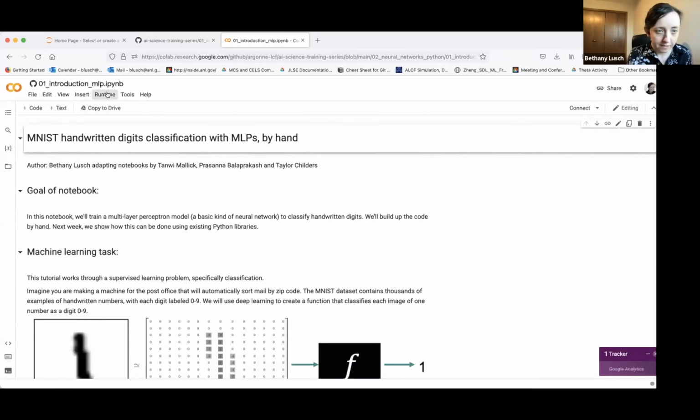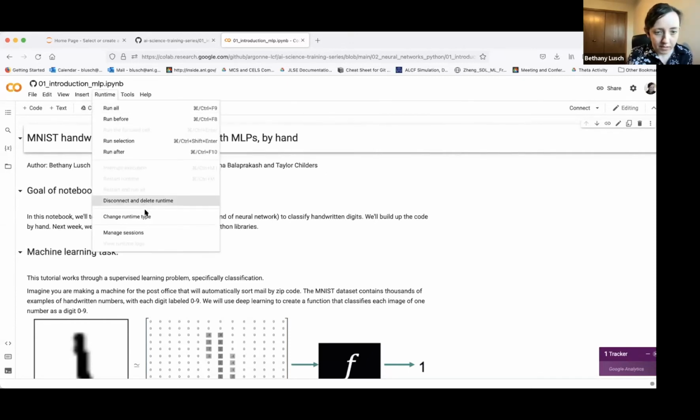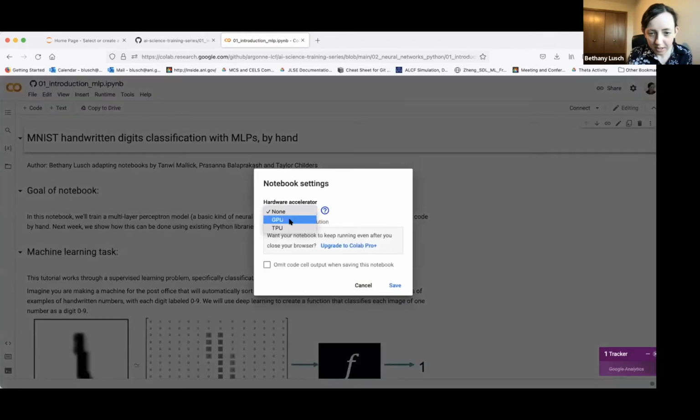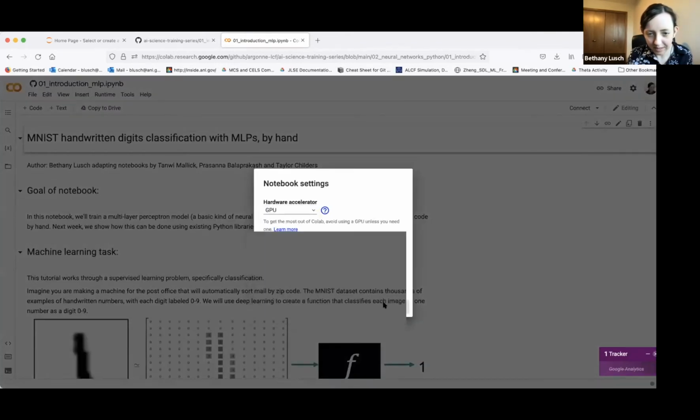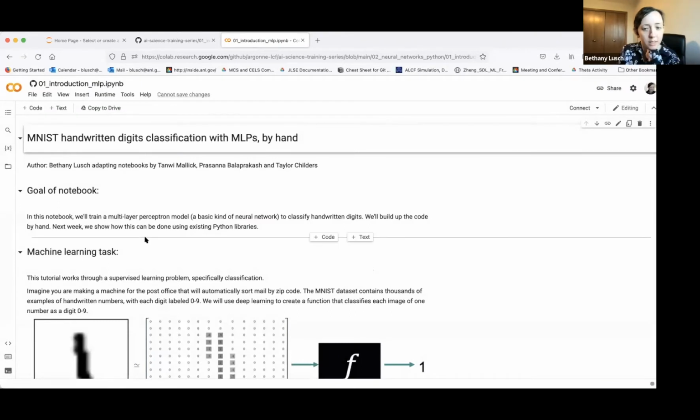You can see I'm at colab.research.google.com, and you can see I've pasted in the GitHub repo link to this notebook. If anyone has questions about that, you can post in Slack. Things seem okay so far?